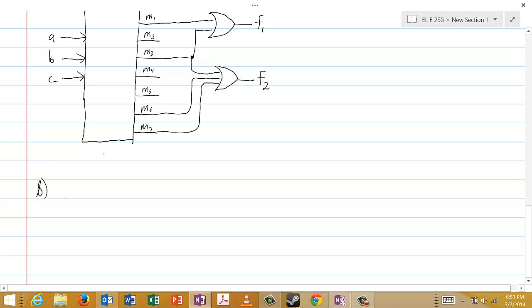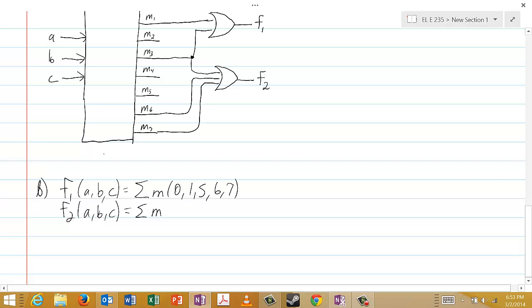Okay, we have F1 of ABC in this case is equal to the sum of the minterms 0, 1, 5, 6, 7 and F2 of ABC is equal to the sum of the minterms 1, 2, 3, 6, 7.